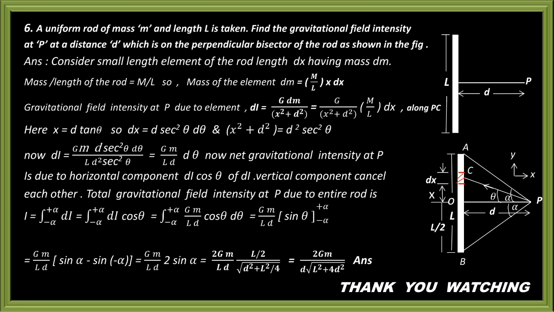When we put the limit, we get G m by L d into 2 sin alpha, and finally after replacing sin alpha we get 2 G m by d into root under L square plus 4 d square. This is the answer.